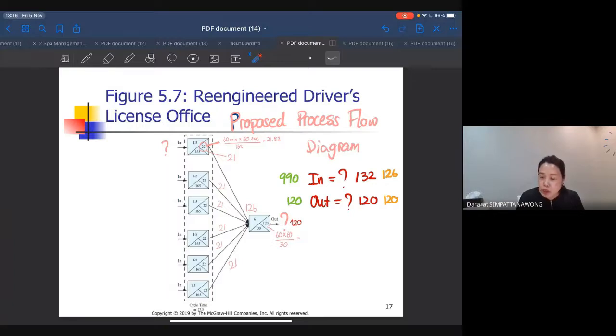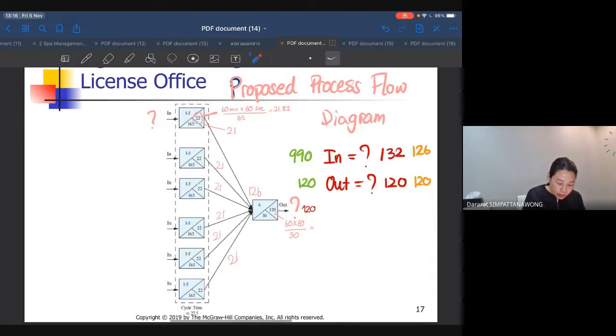So the final answer would be the output, the maximum capacity of the output of this process within 1 working hour. They will produce applications to be finalized, to be finished, at 120 applications only. So the input would be 21 times 6, because there will be 6 staff working at the same time.